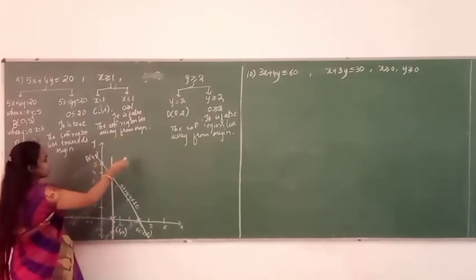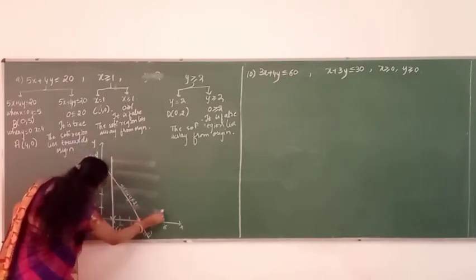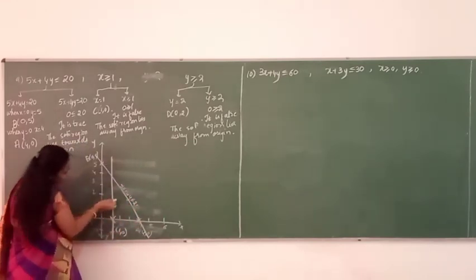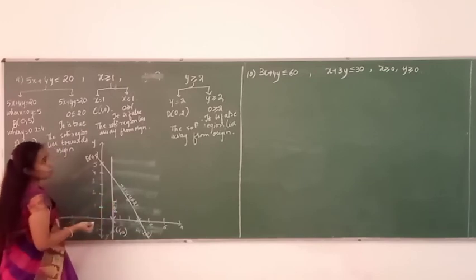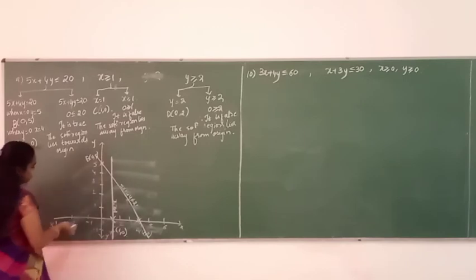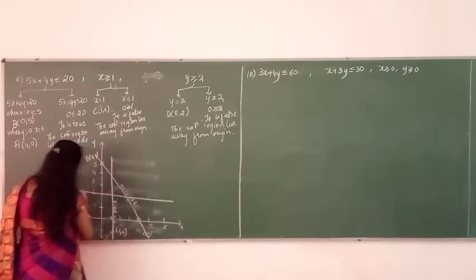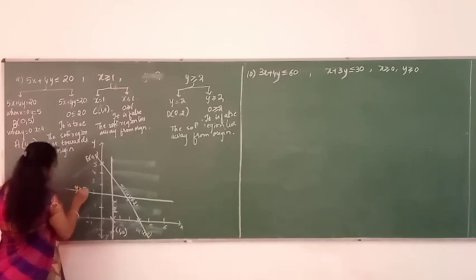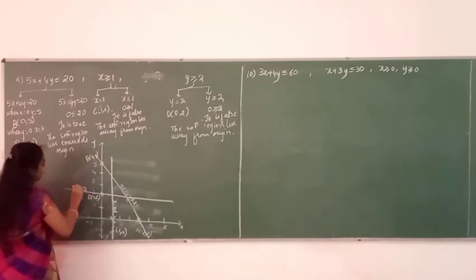So the solution region lies away from the origin. And the third inequality is y greater than or equal to 2. Which is your D, 0, 2. And it will be away from the origin.